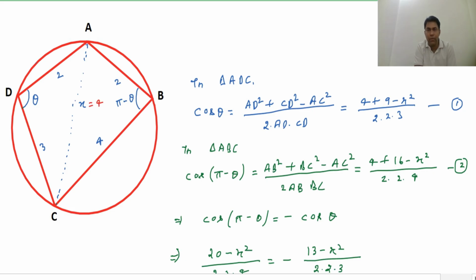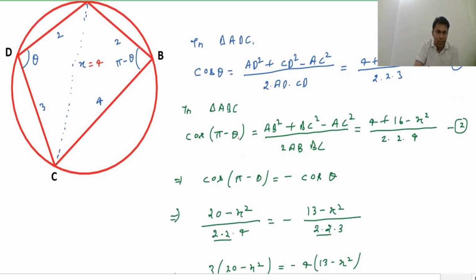And here we have to find out the radius of the circle. In order to find the radius of the circle, we will be using the sine rule.